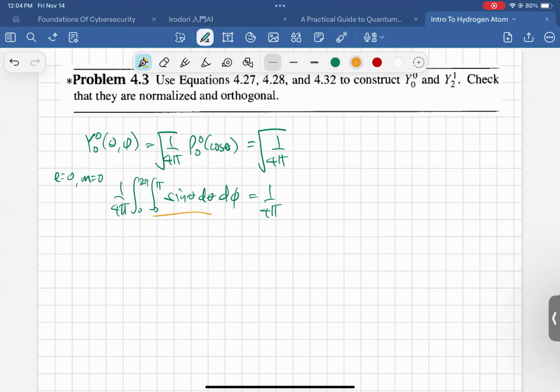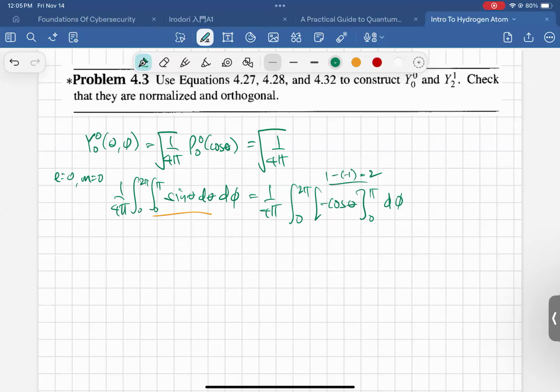Or kung gusto niyo, ito muna ang i-solve niyo: sine theta d theta. Ano integral niyan? That's negative cosine theta from 0 to pi. So ano ang sagot diyan? Cosine ng pi is negative 1, so 1 minus negative 1, that will give us 2.